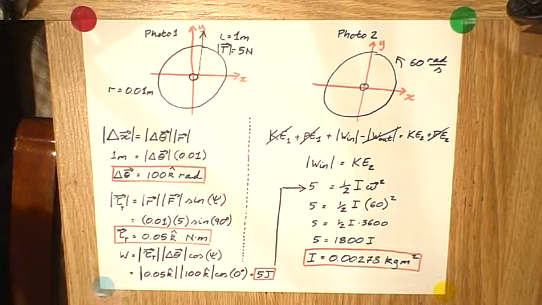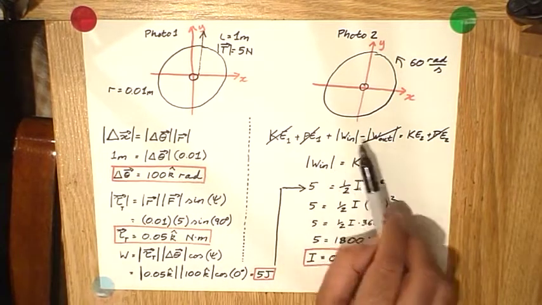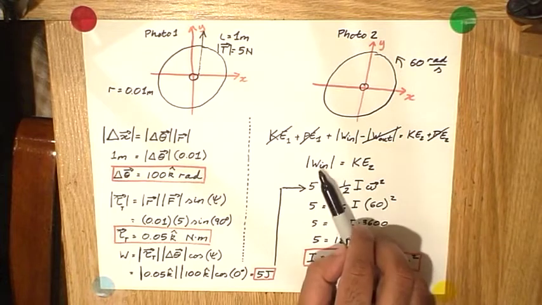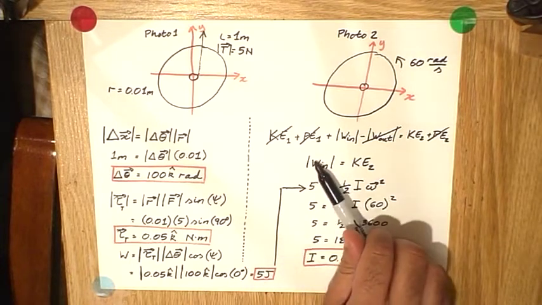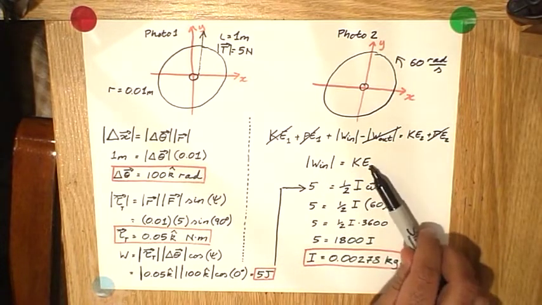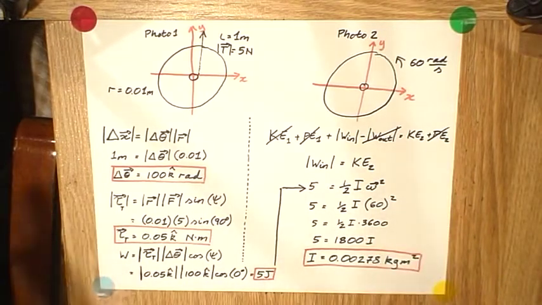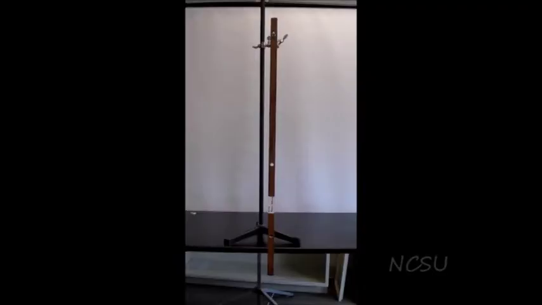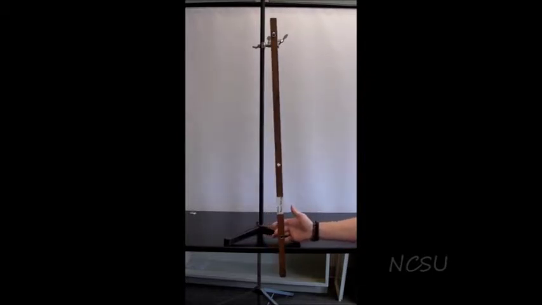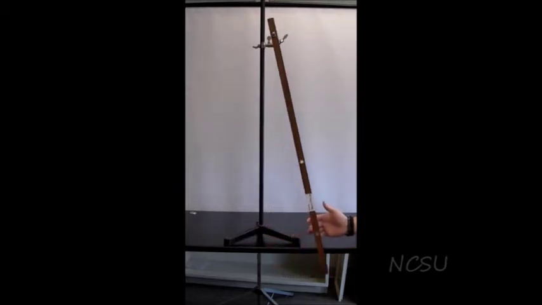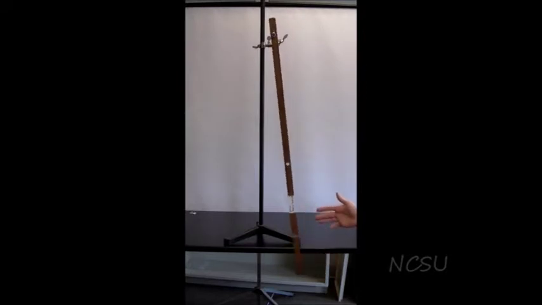And this is the first time that we have used conservation of energy using rotational work, which slides right in, and rotational kinetic energy, which also slides like a glove. We can use rotational values in concert with potential energy as well. Here, we see a rod swinging back and forth.